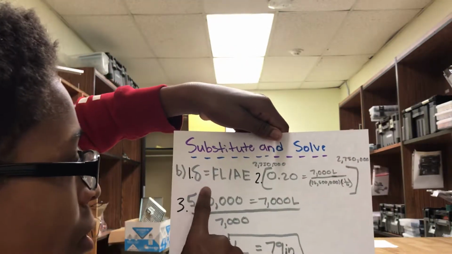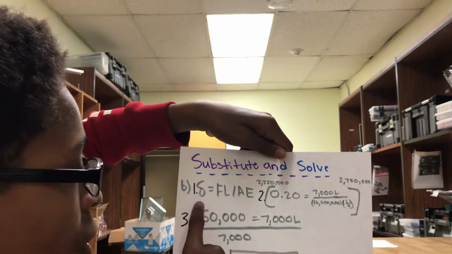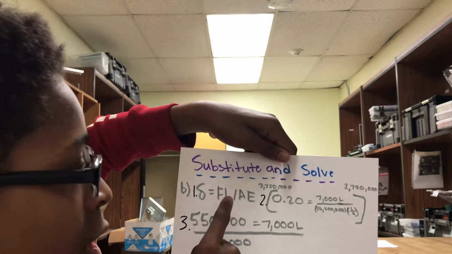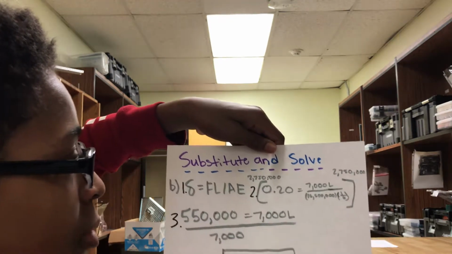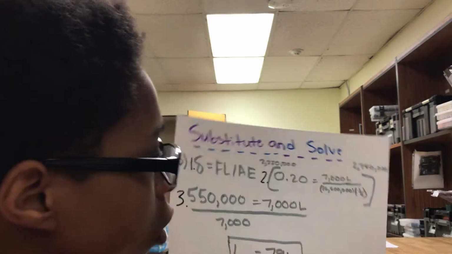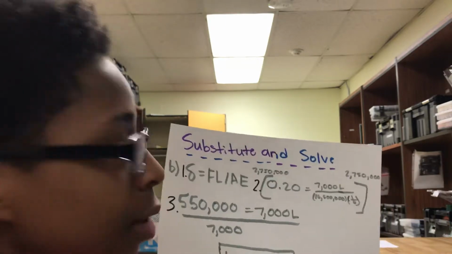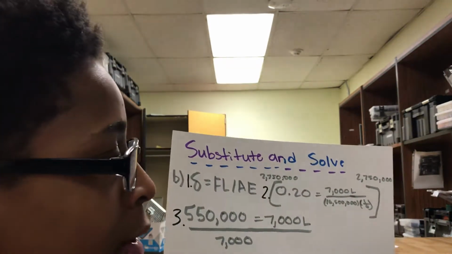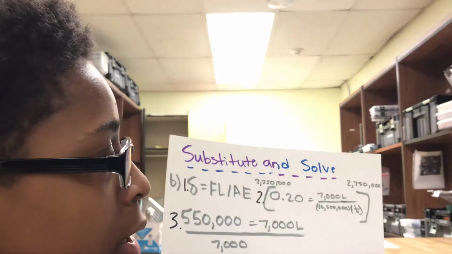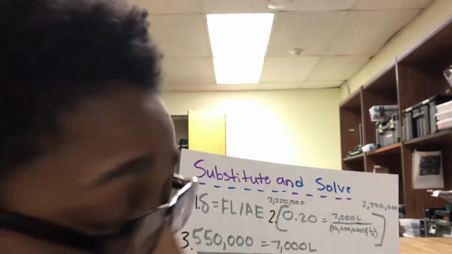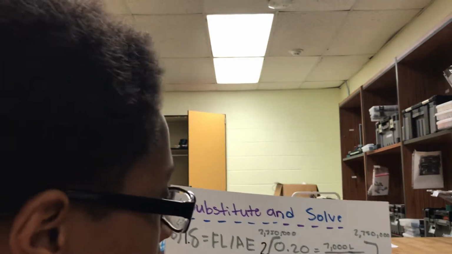Now, here we have to rewrite our equation, which states elongation is equal to the force times the length divided by the area times the modulus of elasticity. And when you plug everything in, you get 0.20 equal to 7,000 times the length divided by 16,500,000 multiplied by 1/6.